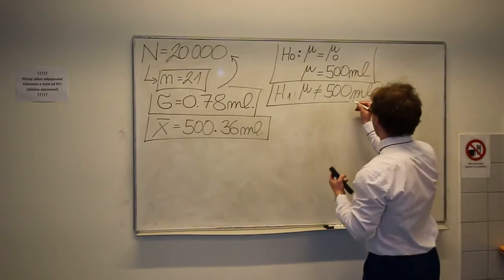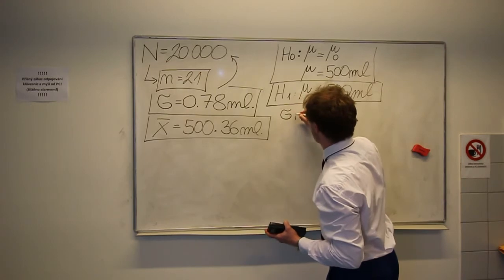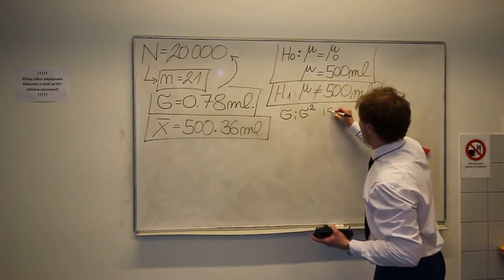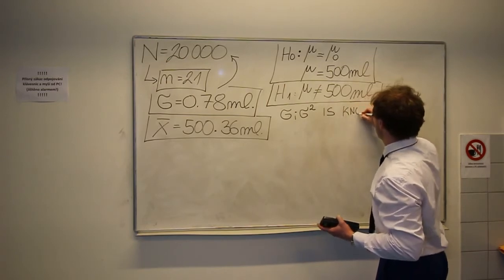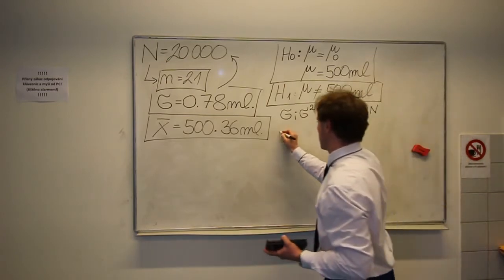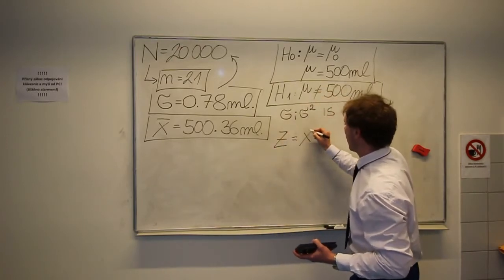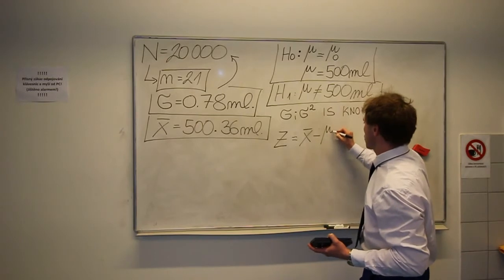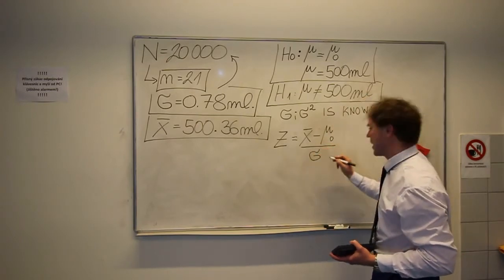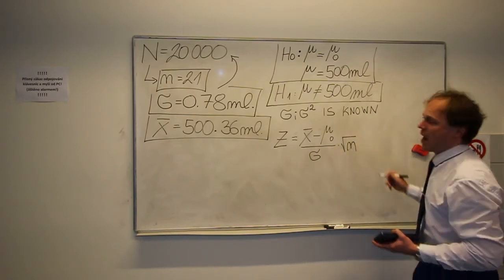So I will write here that sigma or sigma squared is known. We will use this test statistic Z, which is calculated like x with stripe minus mu 0 divided by sigma times square root from n.